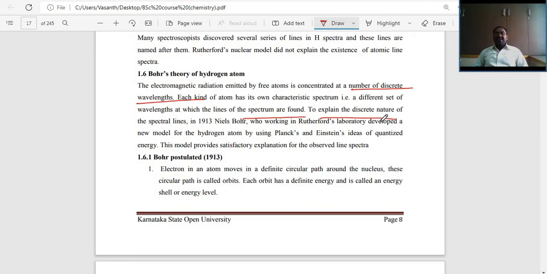To explain the discrete nature of the spectral lines, in 1913, Niels Bohr, who was working in Rutherford's laboratory, developed a new model for the hydrogen atom by using Planck's and Einstein's ideas of quantized energies. This model provides a satisfactory explanation for the observed line spectra.